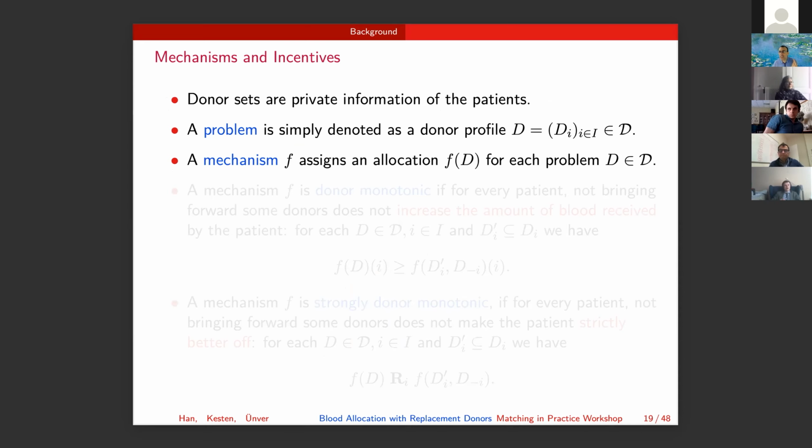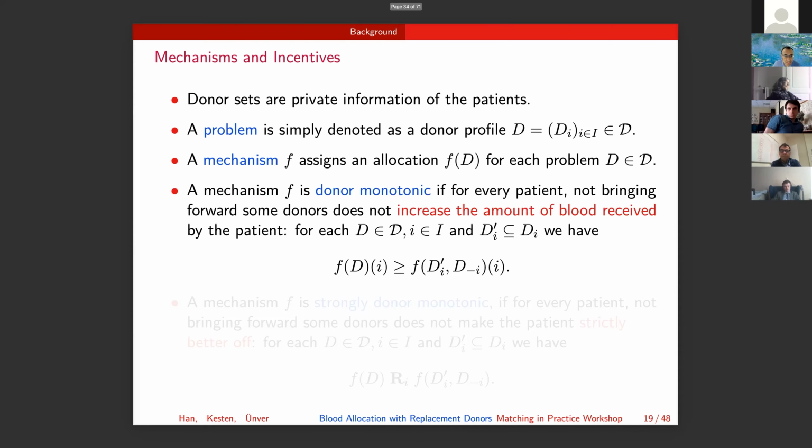And I will define two notions of incentives here. Okay. If you wish, these are like two extreme ends of incentives. One will be donor monotonicity. It will say that for every patient, not bringing forward some donors does not increase the amount of blood received by the patient. Okay.